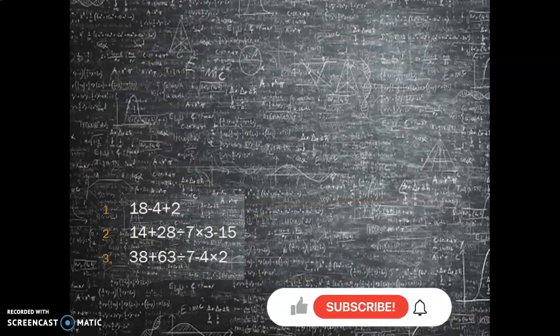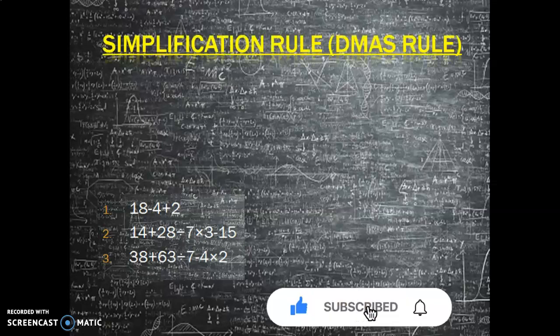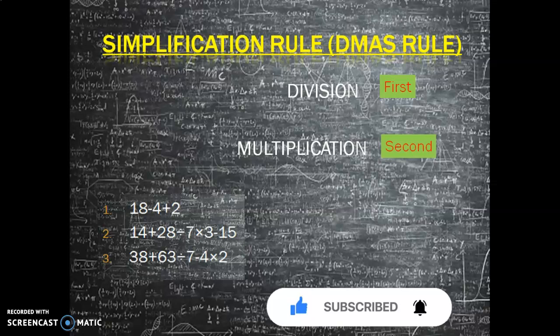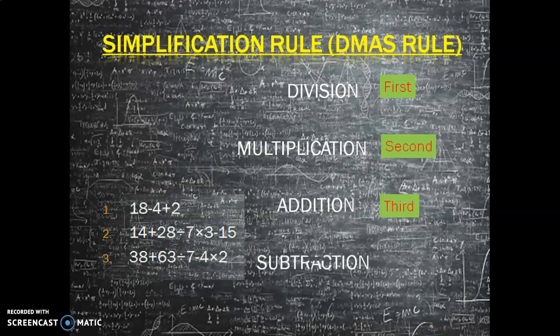How to solve these numerical expressions? We will solve these by simplification rule, that is Fermat's rule. That means division first, multiplication second, addition third, and last subtraction.